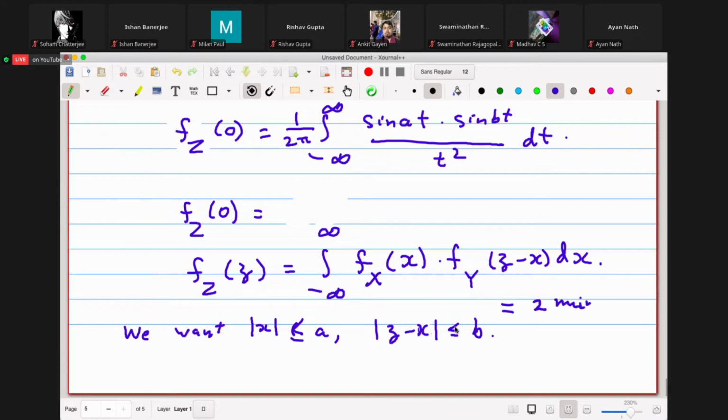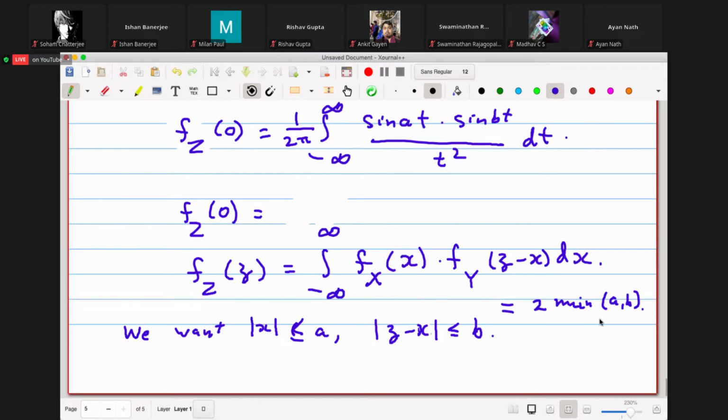See, why is it that you get 2 times? That's because this is going to be symmetrical. So it's going to be between minus c and plus c, and the value of c is the minimum of a comma b.